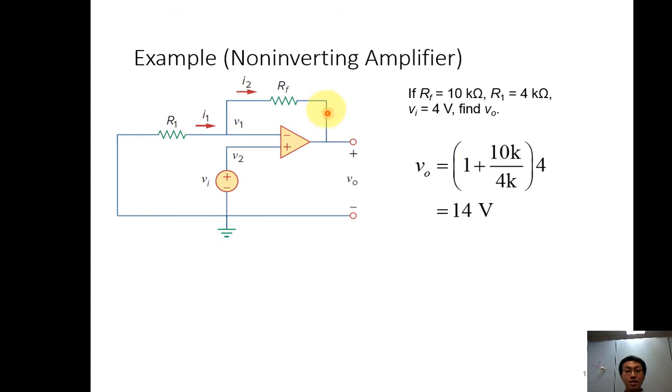So 1 plus RF, 10 kilo ohm, divided by R1, 4 kilo ohm, times Vin as 4 volt. So my Vout will be 14 volt. In this case, with this arrangement of R1 and RF, when my Vin input is 4 volt, I will get 14 volt output.